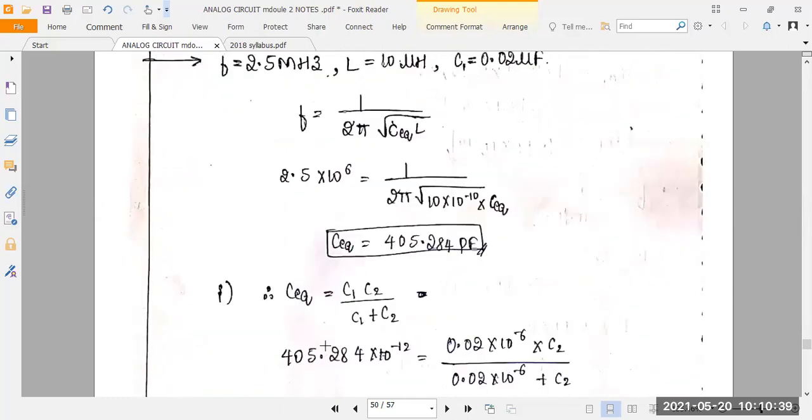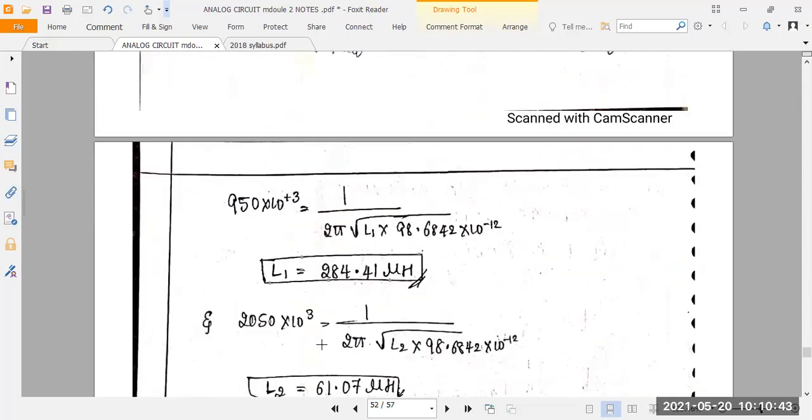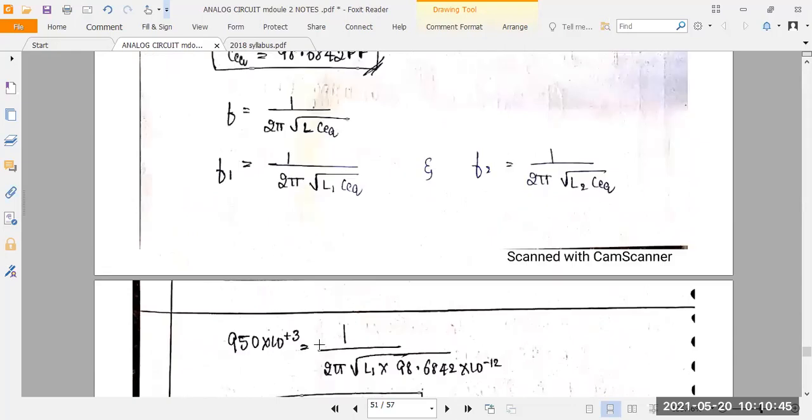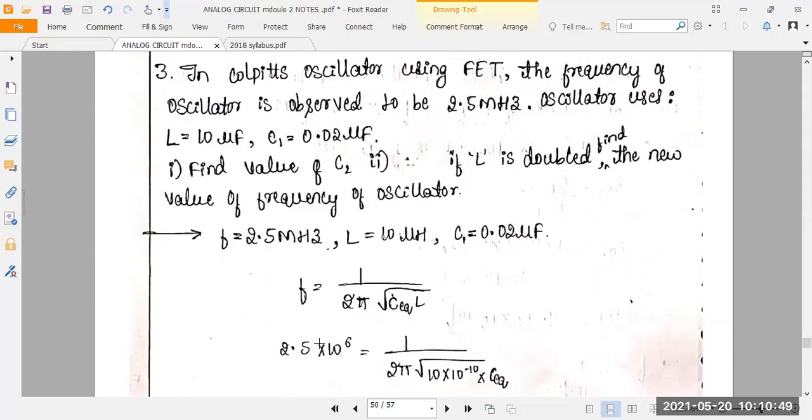Next, you take one more here. In a Colpitts oscillator using FET, the frequency of oscillation is observed to be 2.5 megahertz. The oscillator uses L of 10 microfarad and C1 is 0.02 microfarad.